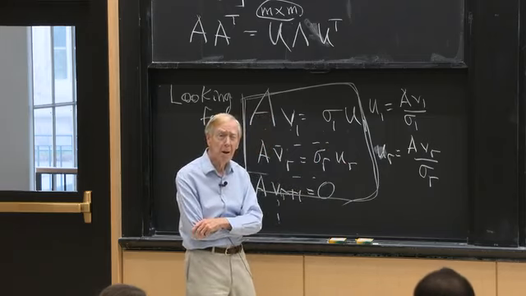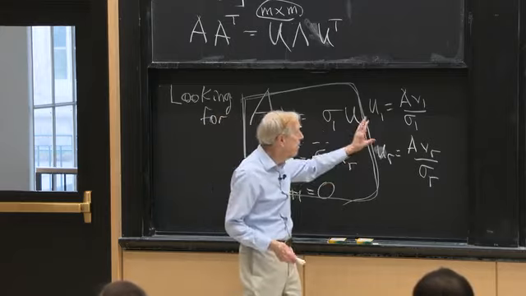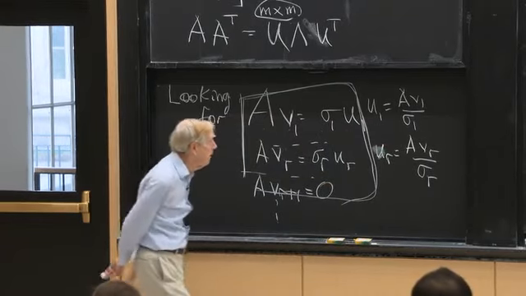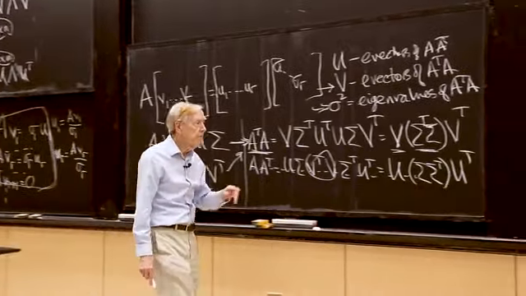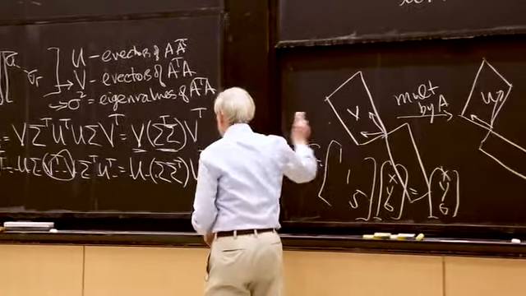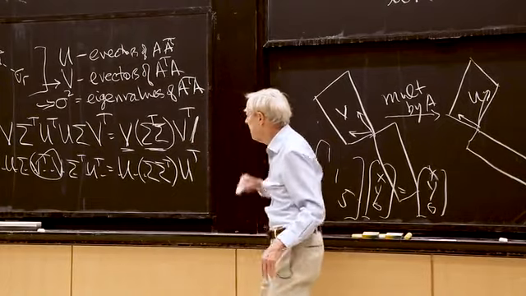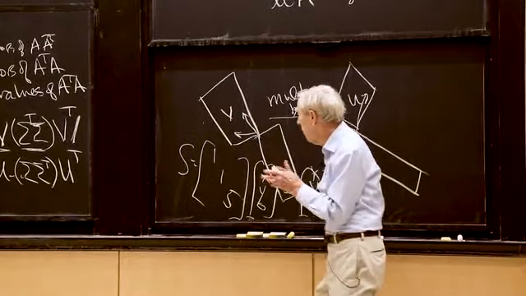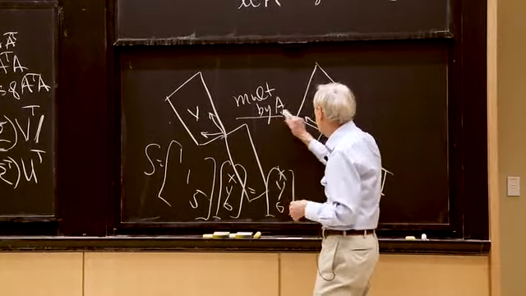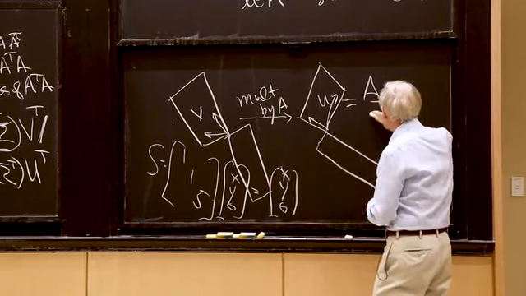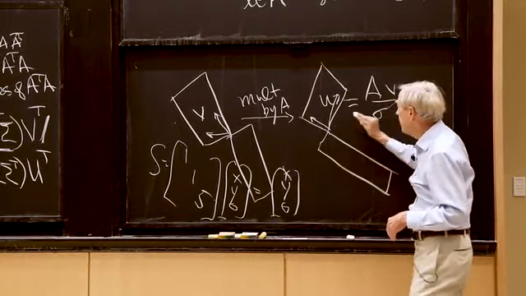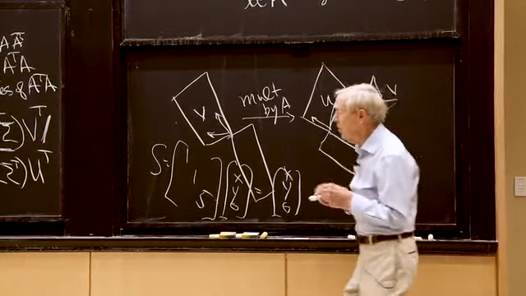That's the key. I would like to show that these are orthogonal. And that's what goes in this picture. The V's, I've got orthogonal guys, because they're the eigenvectors of a symmetric matrix. Pick them orthogonal. But now I'm multiplying by A, so I'm getting the U, which is AV over sigma for the basis vectors, and I have to show they're orthogonal.